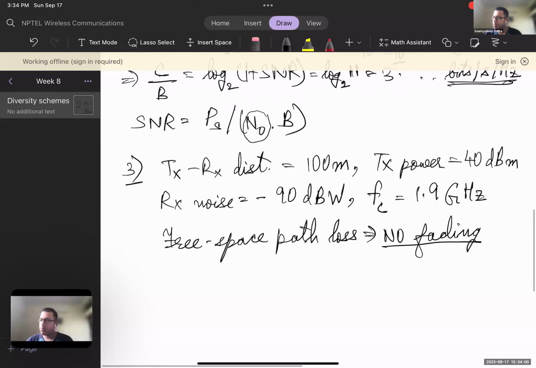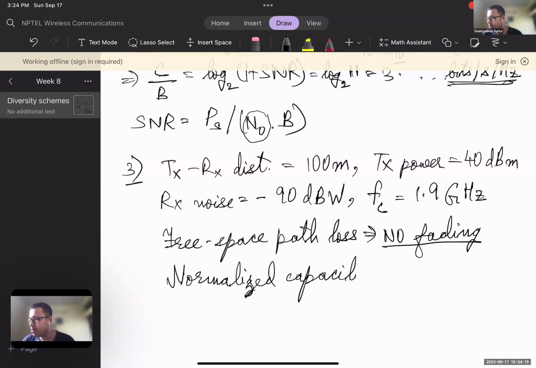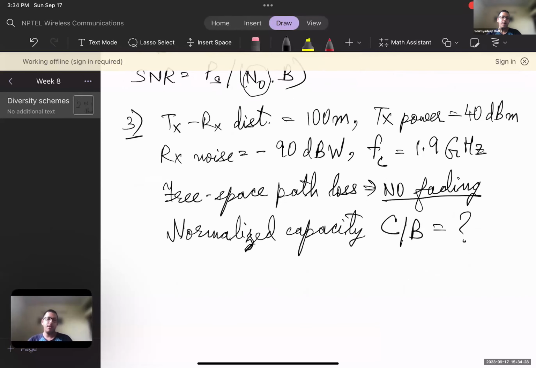So what is the question? You're asked what is the normalized capacity? Normalized capacity. This is very important. So remember, whenever we say something like this, normalized capacity, this is again capacity per unit bandwidth. So this is what is meant by normalized capacity.